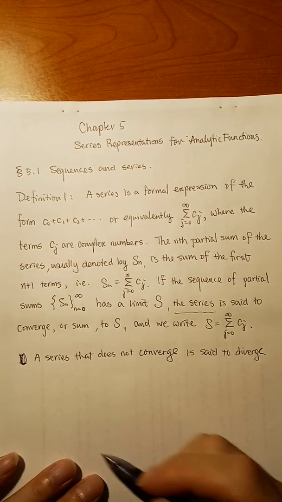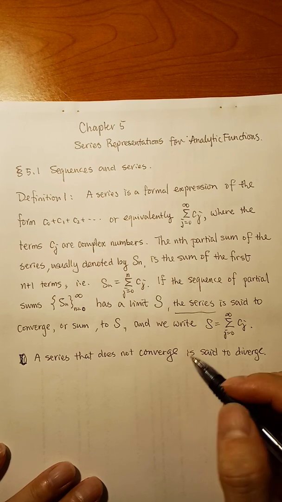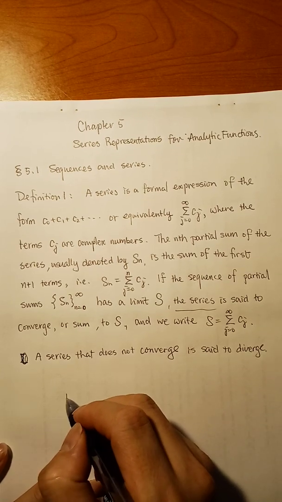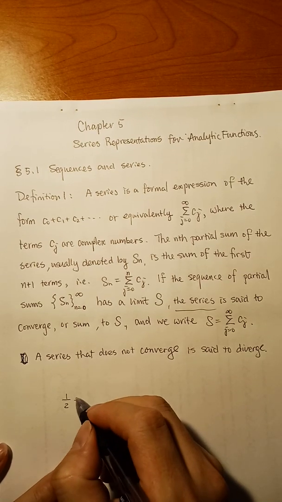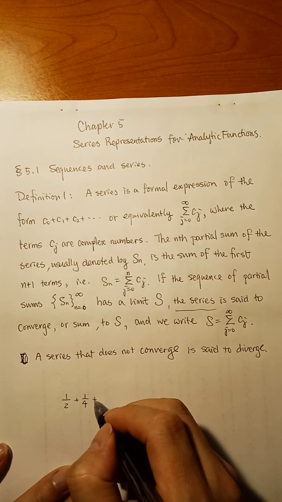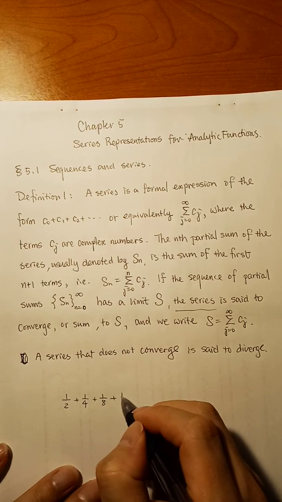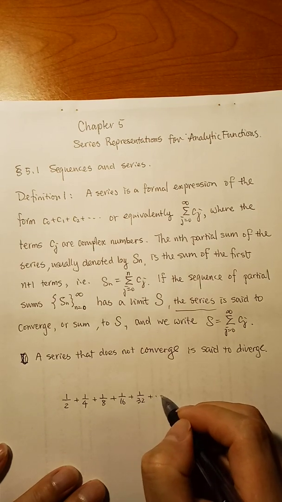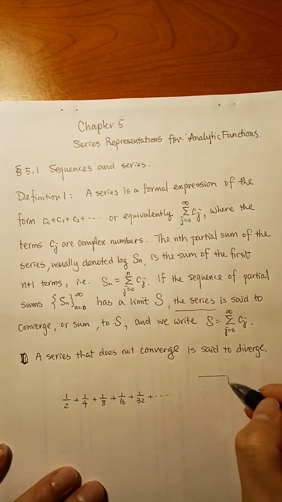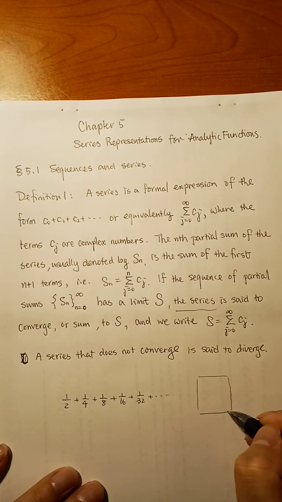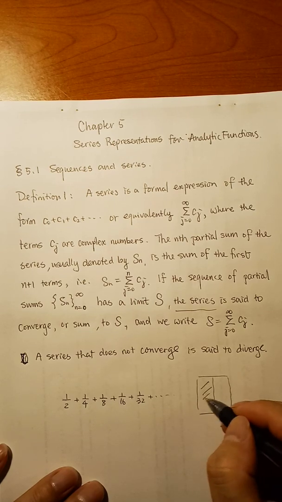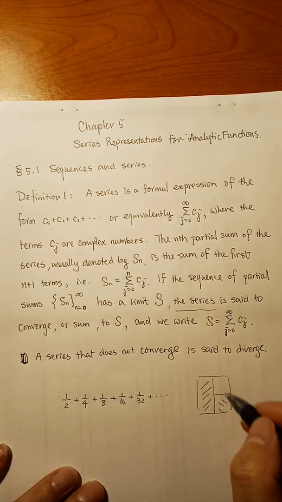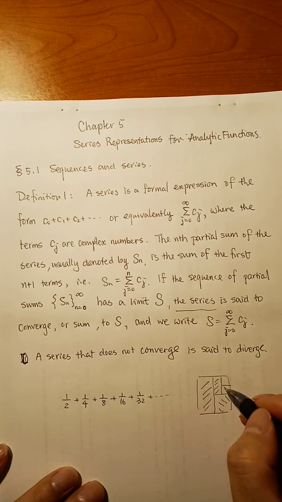Clearly, we know one series that converges. Remember that we have 1/2, 1/4, 1/8, 1/16. Every time you multiply by 1/2, then 1/32, and so on. We have that geometric proof. Every time you cut into half, cut into half, cut into half.